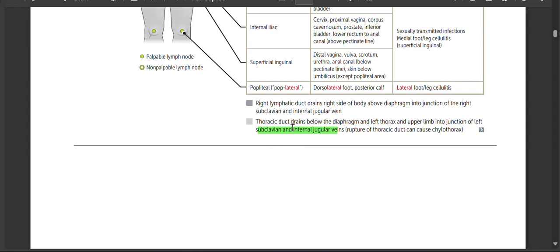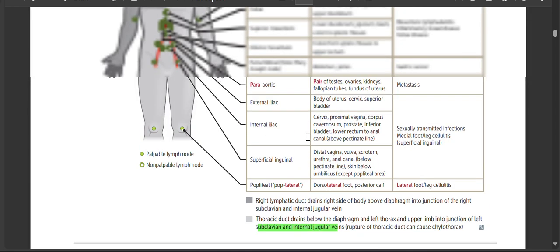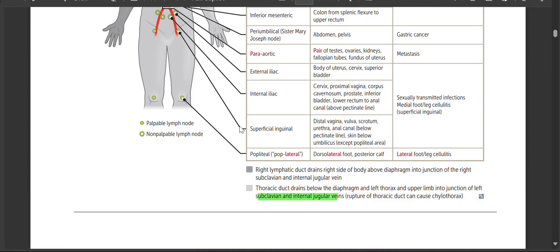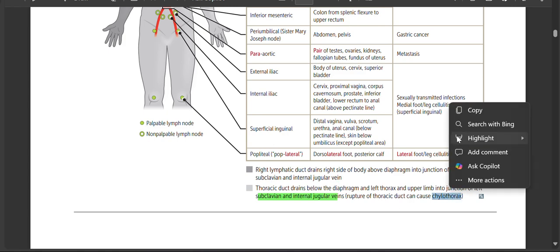Because if you ever were to treat a pneumothorax, or if you were to do a lung injury and you accidentally poke at the junction between the subclavian and the internal jugular vein, somewhere here, you might see a problem where lymph starts draining into the lung and the thoracic cavity. Now, because lymph is draining into the thoracic cavity, that condition is called chylothorax.